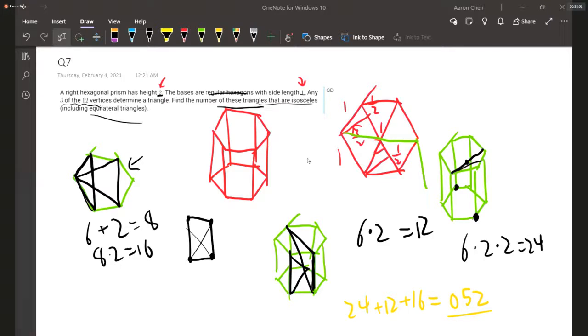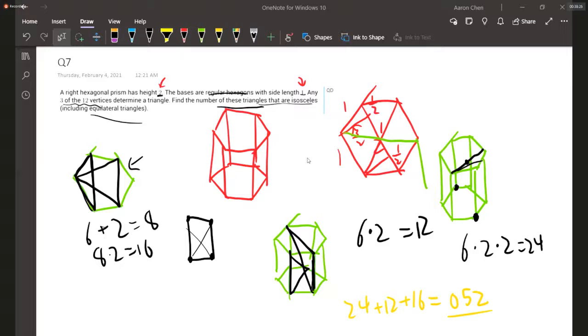So for the 12 case, shouldn't you multiply by 2 again? Which one? Oh, I'm talking about the one where it's a diameter of the hexagon and the height. Okay.